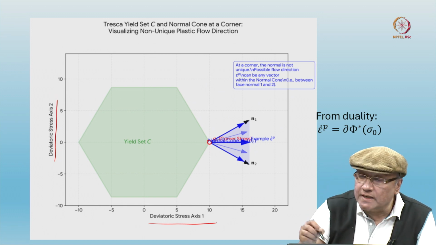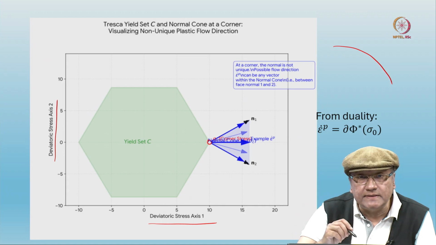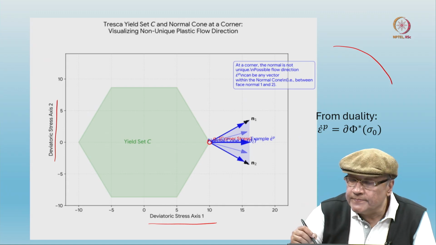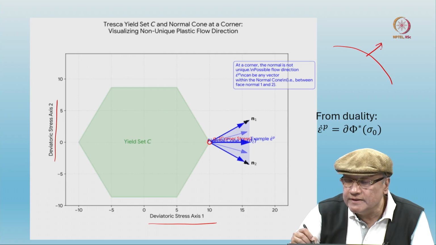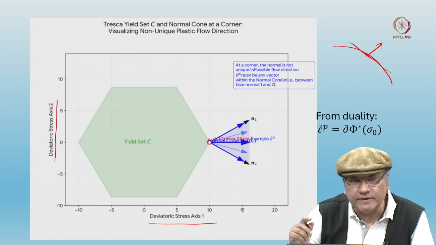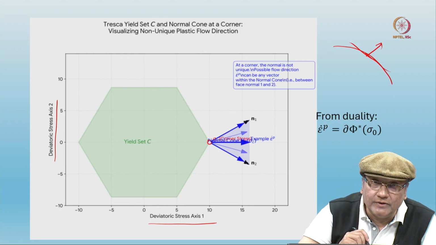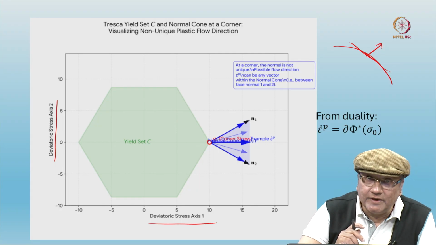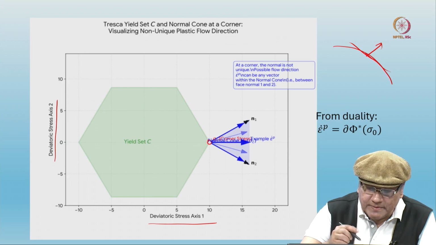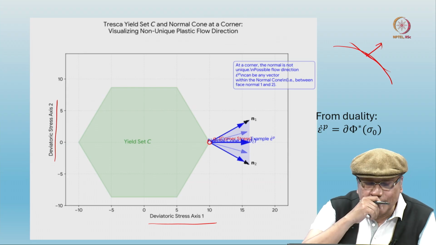At this corner, how will the strain rate be directed? In usual circumstances, remember, this is my yield surface, so the strain rate must be perpendicular to the tangent at this point. But here there is no tangent at this corner, because there is a non-smoothness here. So, what do you do?